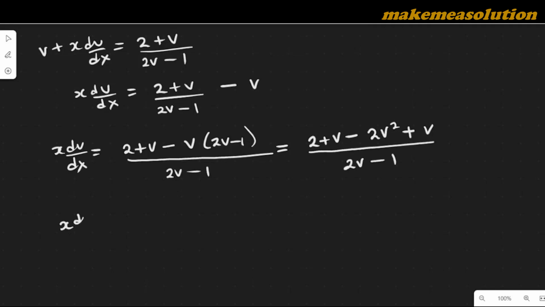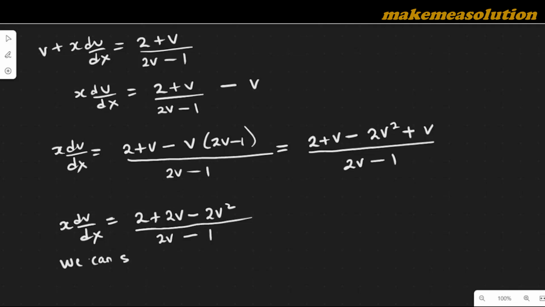So x dv dx is equal to 2 plus 2v minus 2v squared all over 2v minus 1. Is that okay? So at this point you can see now that we can separate variables. So we can separate variables from here.